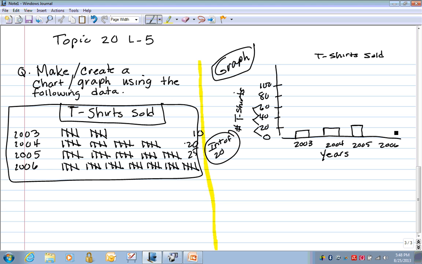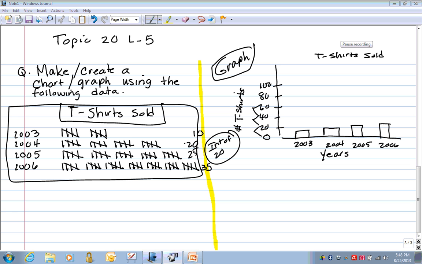And then for 2006, our data shows 5, 10, 15, 20, 25, 30, 35. 20, 40, in the middle will be 30, a little over halfway would be 35. I'm going to stop and pause so you can graph your data.